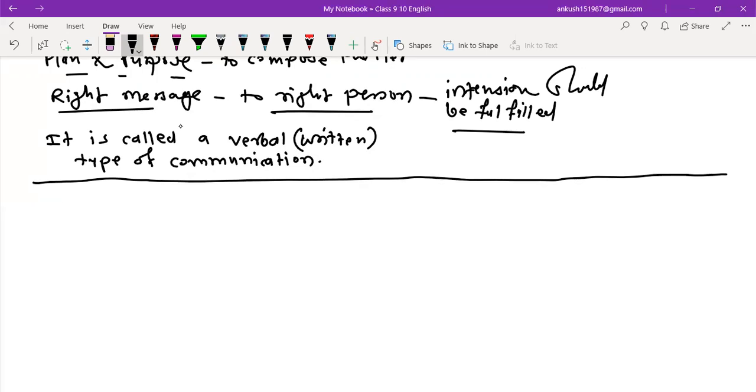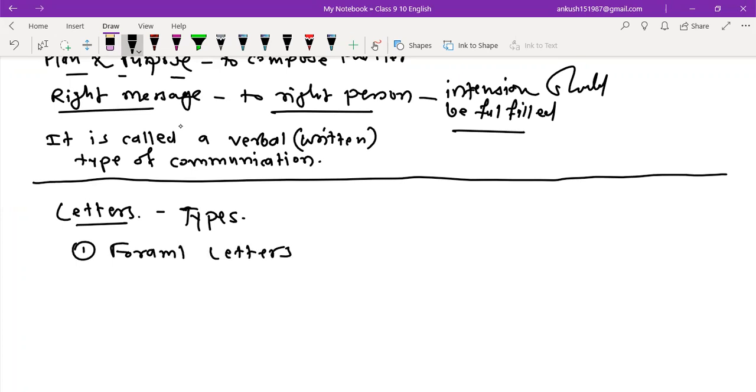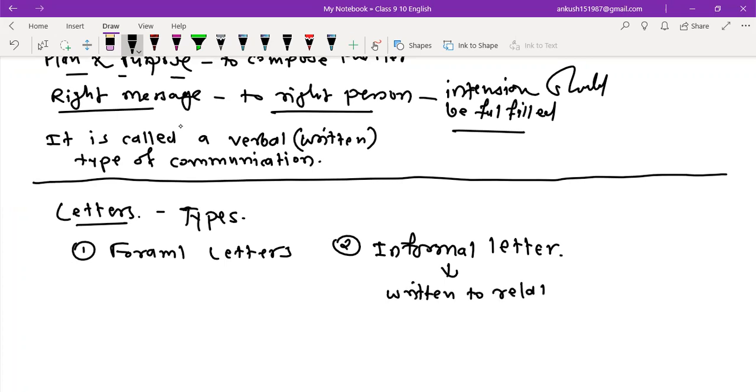So now, letters and their types. Letters are broadly categorized into two types. First is formal letter, and second is informal letter. Informal letters are written to relatives or friends.